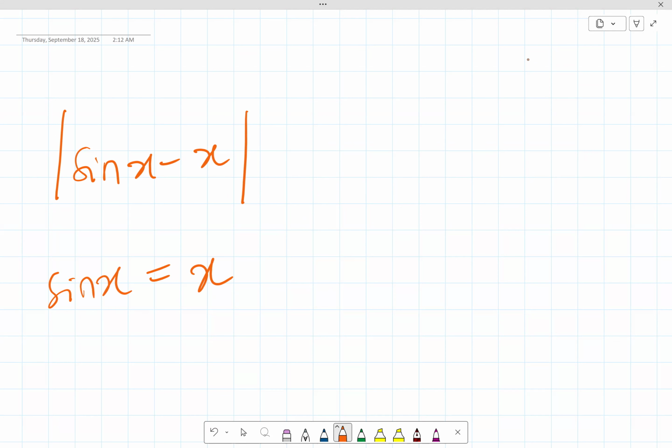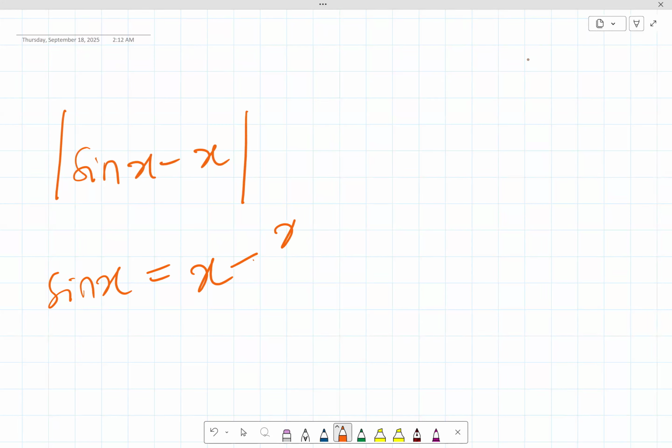Substituting using Maclaurin, for instance, sine 0 is 0, so that's 0 over 0 factorial. Then we differentiate sine x, we get cos x, and cos 0 will be 1.